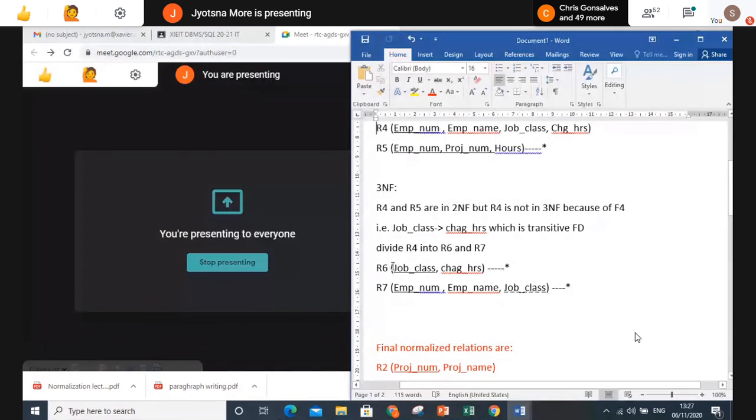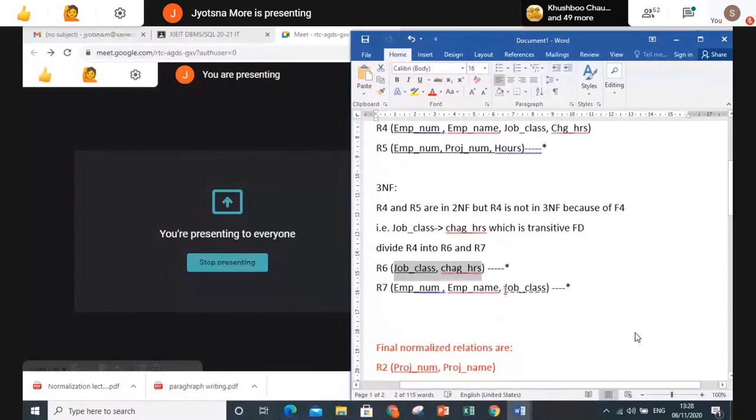Here. R6 is my, I have to consider job class is determining charging hours, non-key determining non-key. So I have taken that in one relation. From that, the determinant, whichever is a determinant, that will be my primary key now. But this is now on this spot I have created that is a primary key based on this transitive relation, right? So this will act as a foreign key in my previous relation. That is I have divided R4, right? This is my base relation for these two. So in this base relation, job class is there.